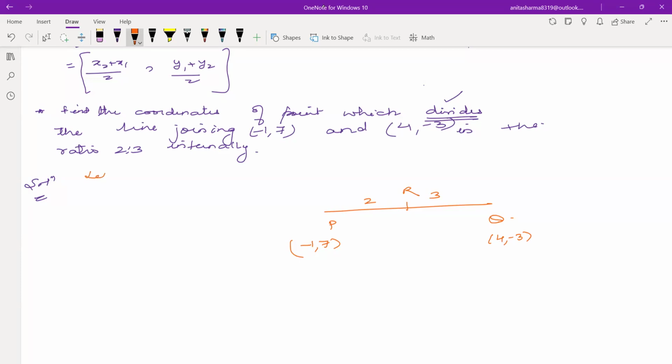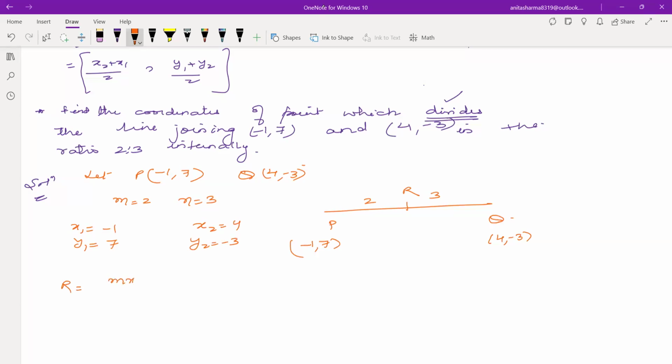The value of m is 2 and the value of n is 3. Now x1 will be -1, y1 will be 7, and then x2 is 4 and y2 is -3. Now find the value of R.